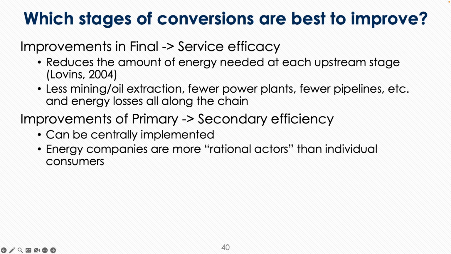Is it easier to convince the entire population of the country to switch light bulbs, or is it easier to get a handful of power plants to upgrade their equipment? This is just to point out that it's not so simple of an answer when we're actually trying to implement these types of things.